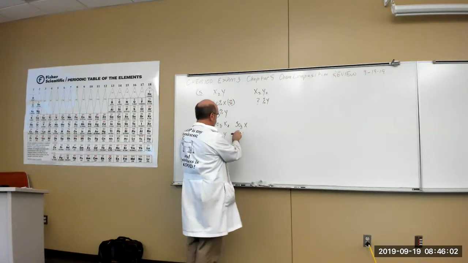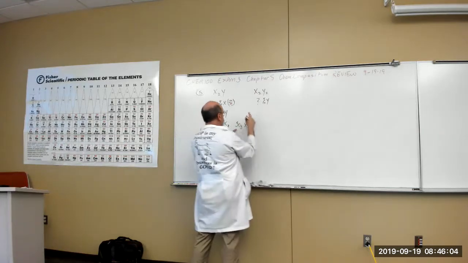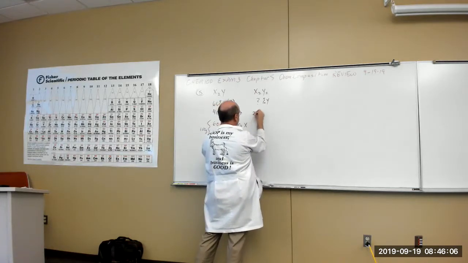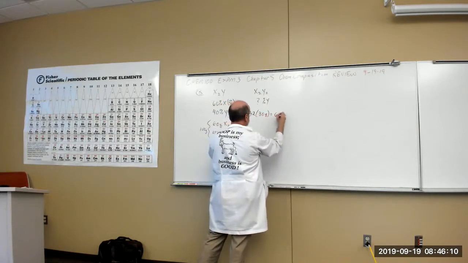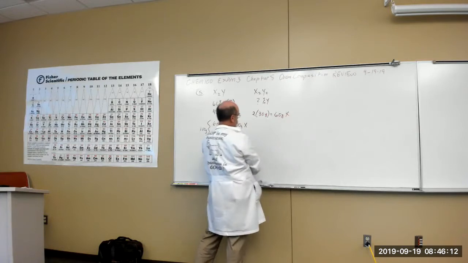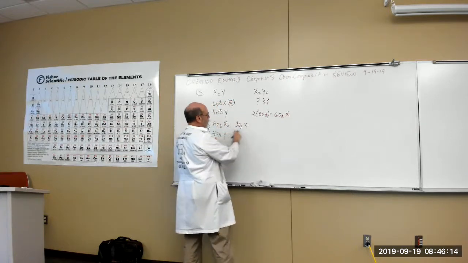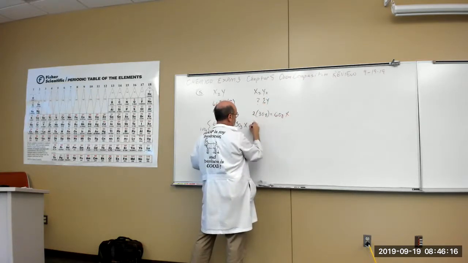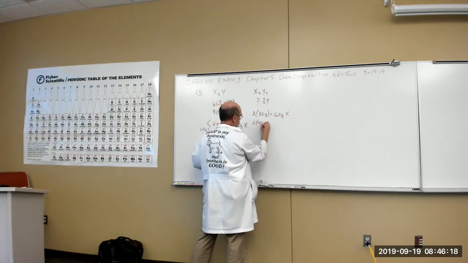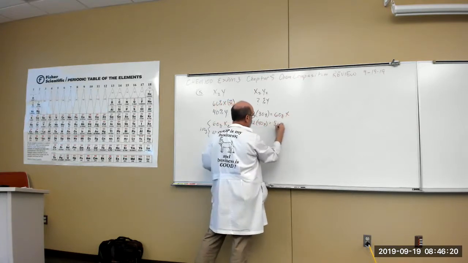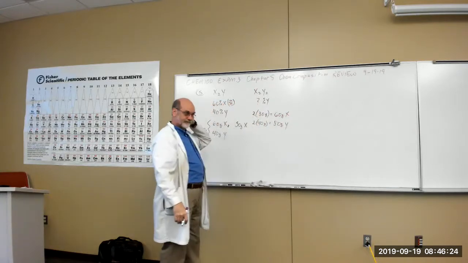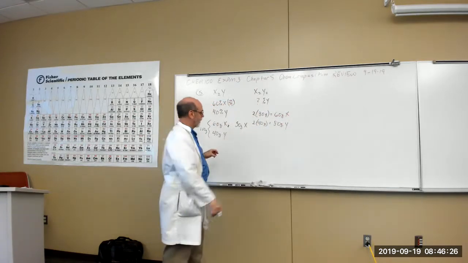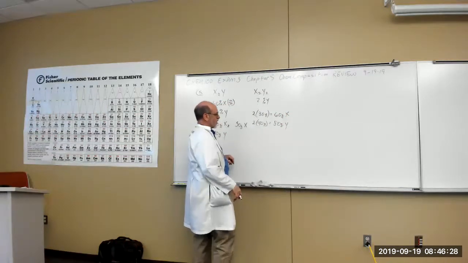Then what if we have 2 of those X's over here? Now we have 60 grams of X. And here we have 40 grams, but now we got 2 of them. So that's 80 grams of Y for that compound. So what's the percent Y?